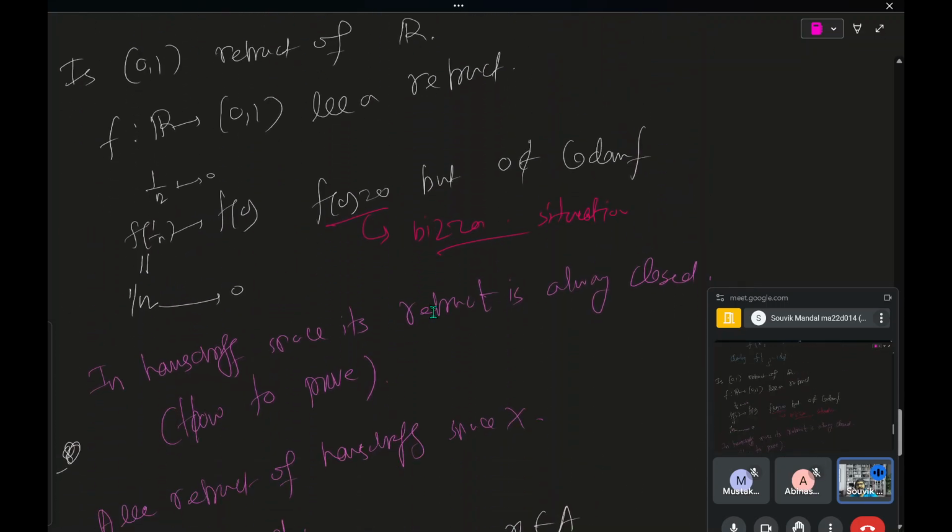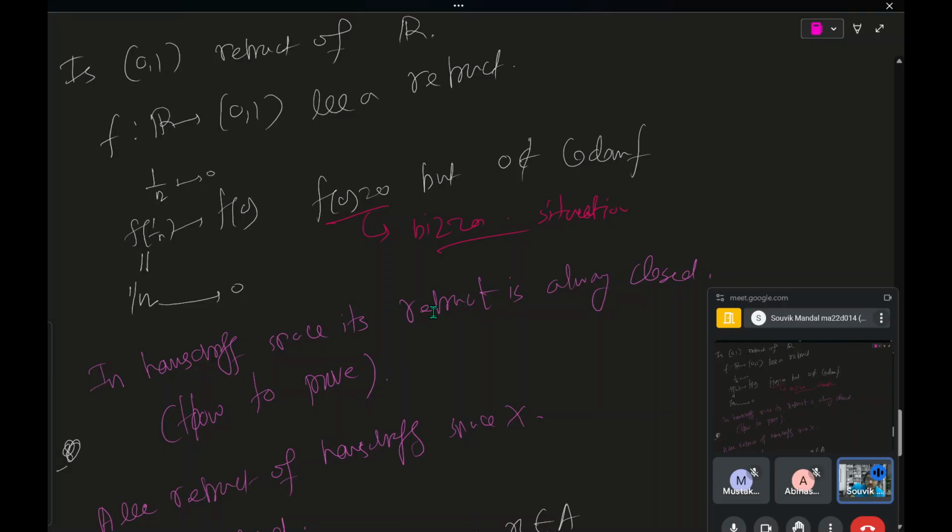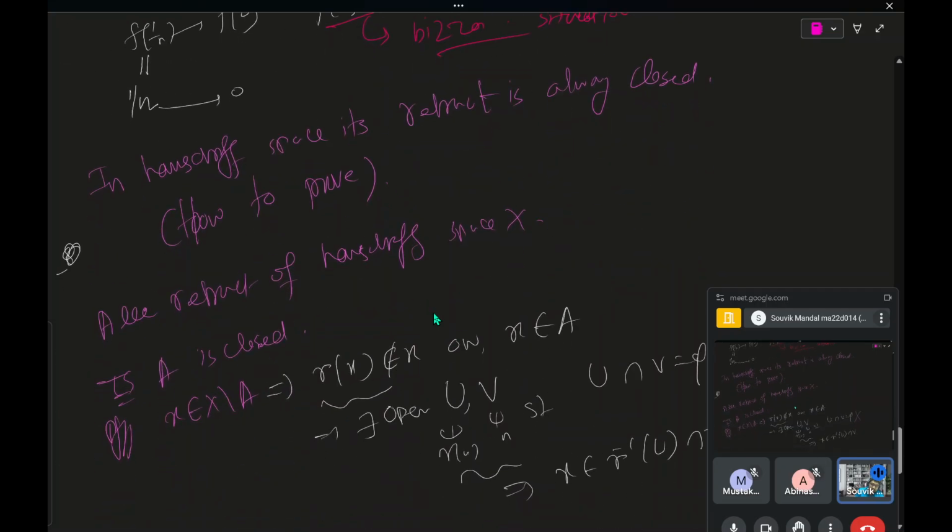So basically, what we need to show is that in a Hausdorff space, a retract is always closed. Okay, so how to prove this?